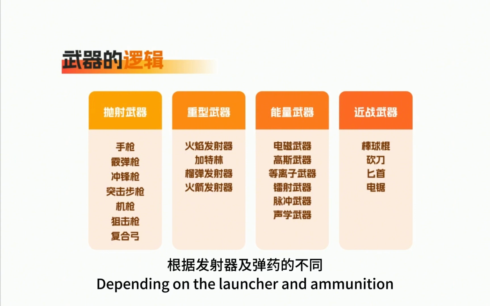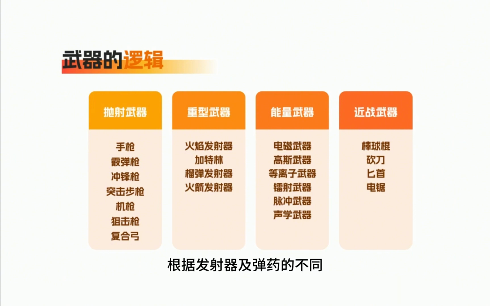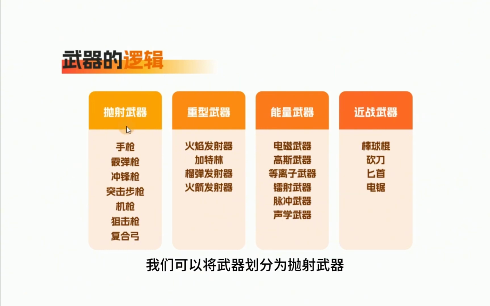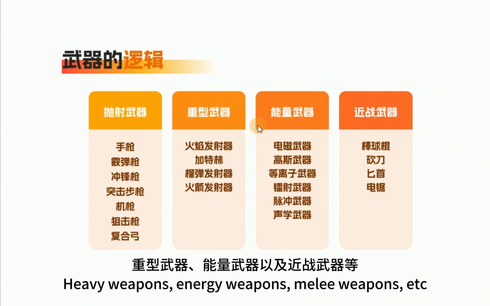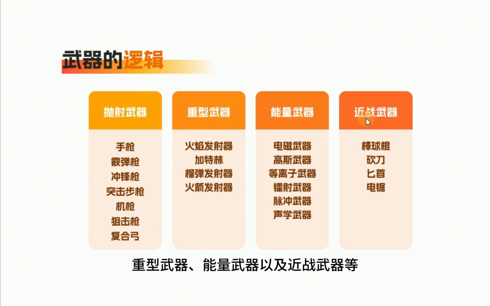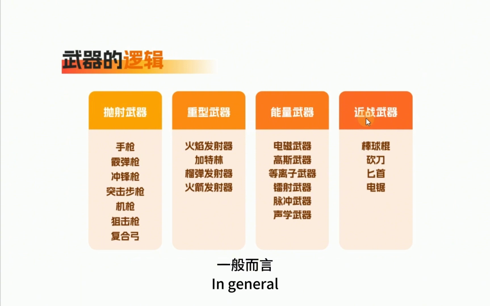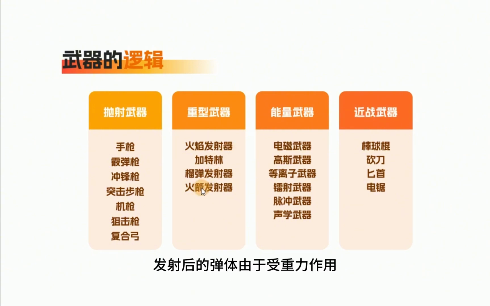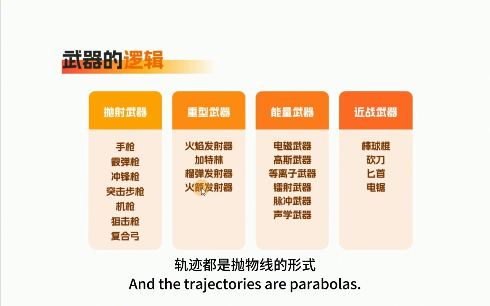Depending on the launcher and ammunition, we can divide weapons into projectile weapons, heavy weapons, energy weapons, melee weapons, etc. In general, the launched projectile is subject to gravity, and the trajectories are parabolas.